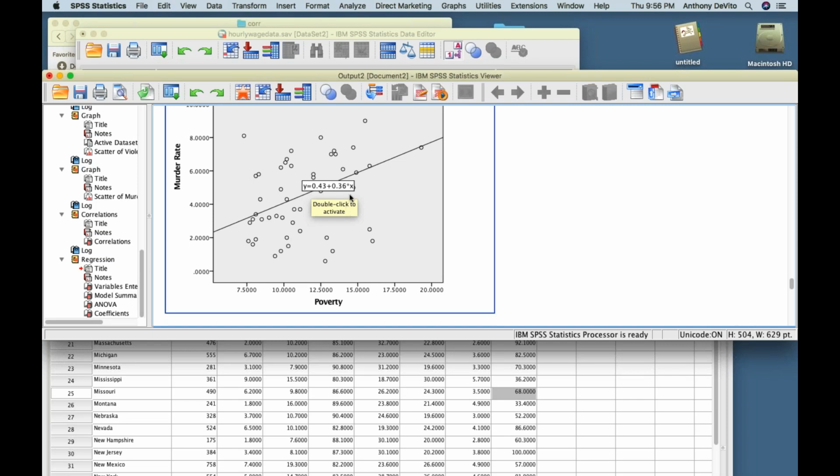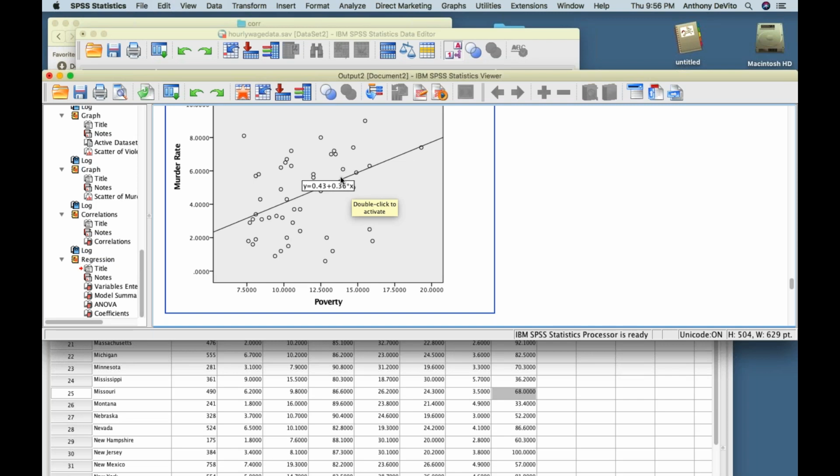So in other words, if, for instance, the rate of poverty fell 5%, it would suggest, if that's 5%, you get 5 times that 0.36 is roughly 2.